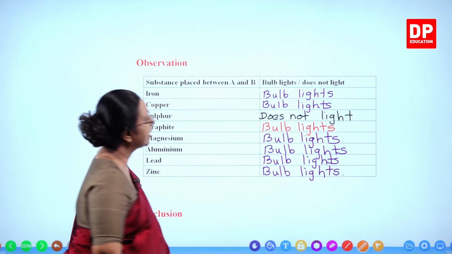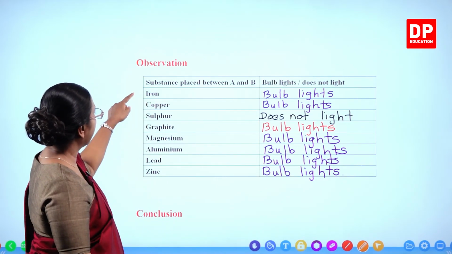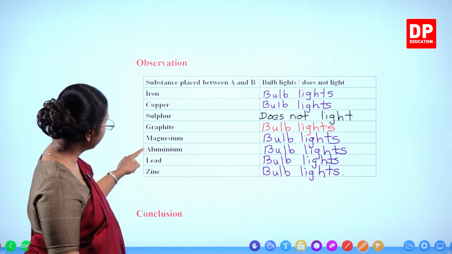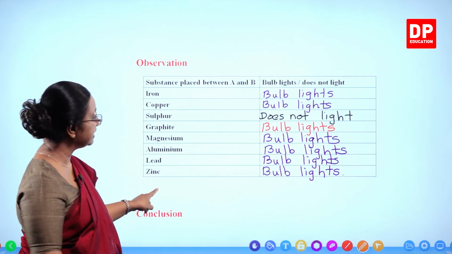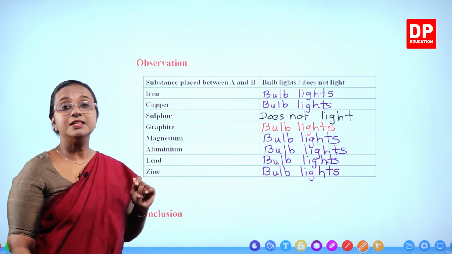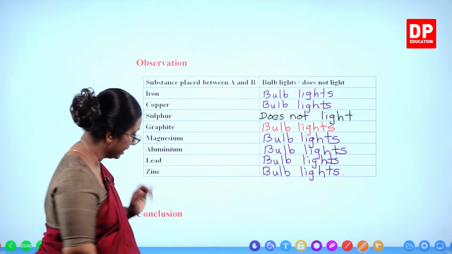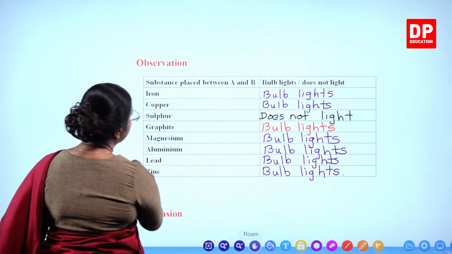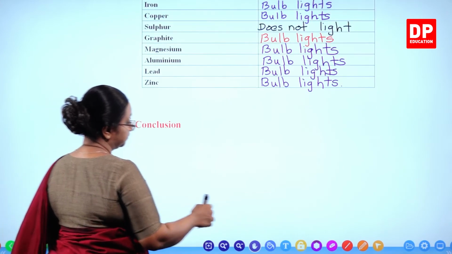So from this, what can we conclude? Iron, copper, graphite, magnesium, aluminium, lead and zinc, they conduct electricity. But sulfur does not conduct electricity. That is the conclusion we can get from this activity.